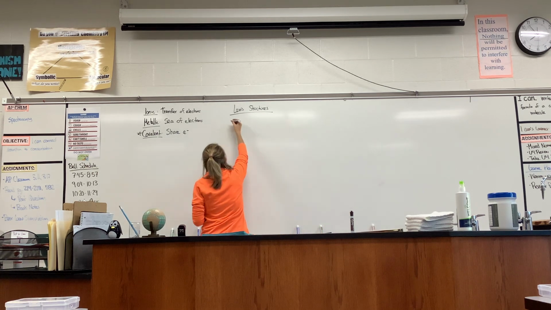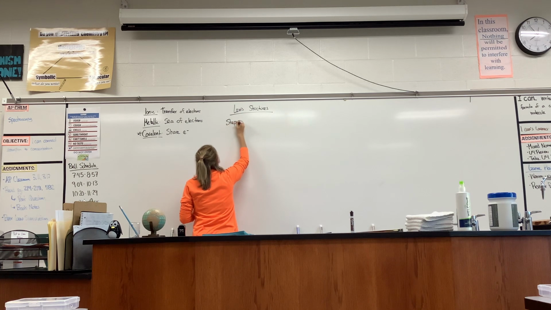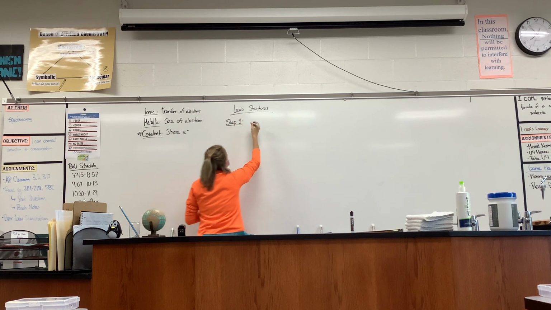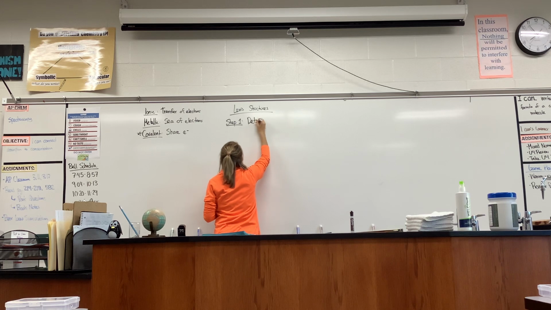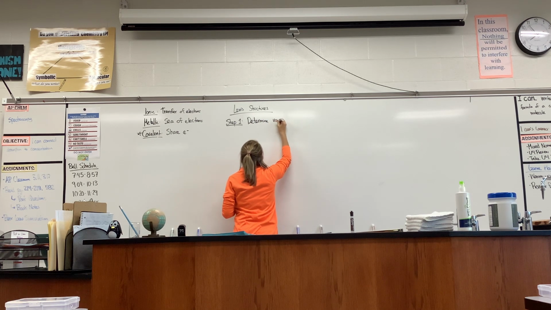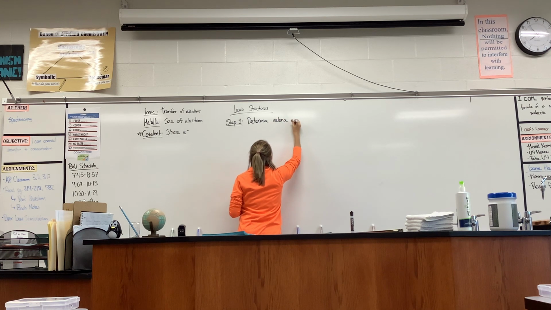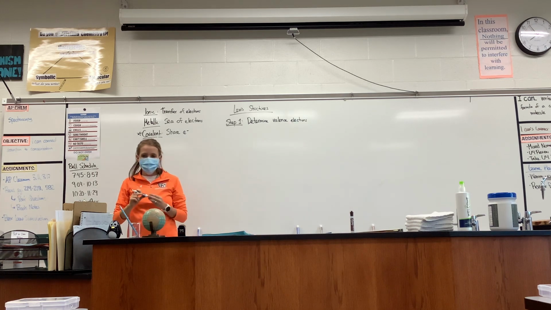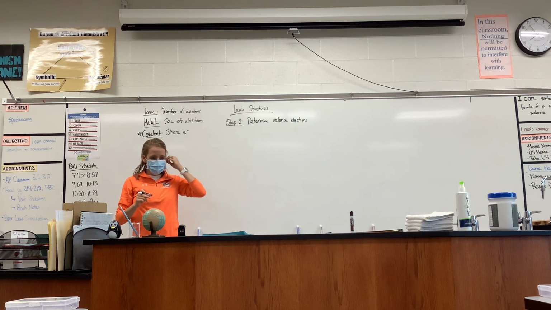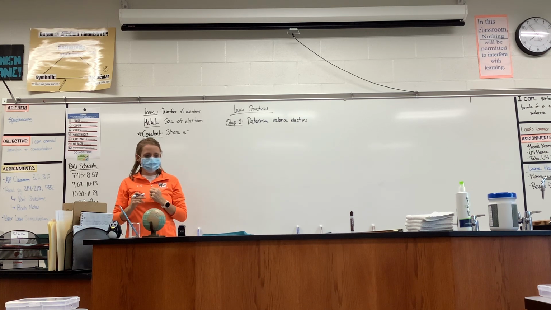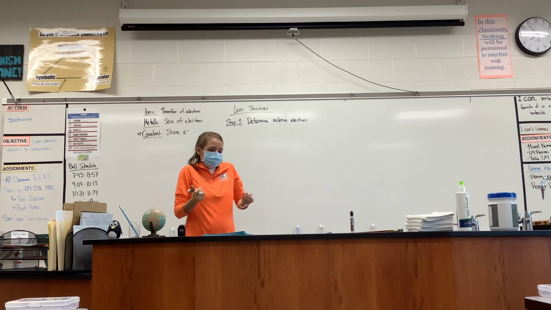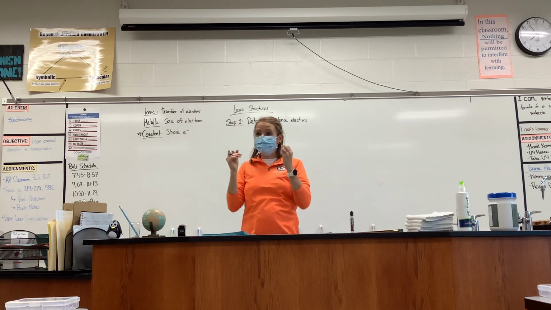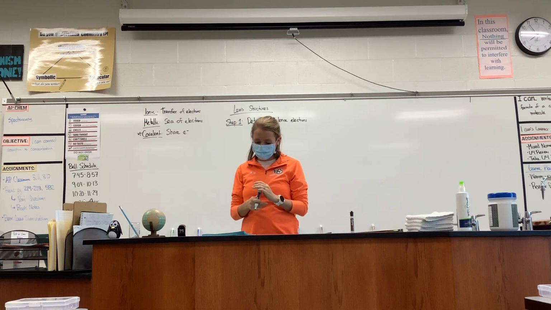Okay, so step one, just write this on that blank, is we're going to determine the number of valence electrons. Our first step is we've got to know how many electrons they each have individually to then know how they're going to share.